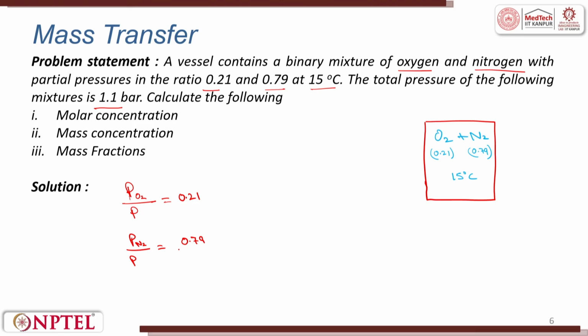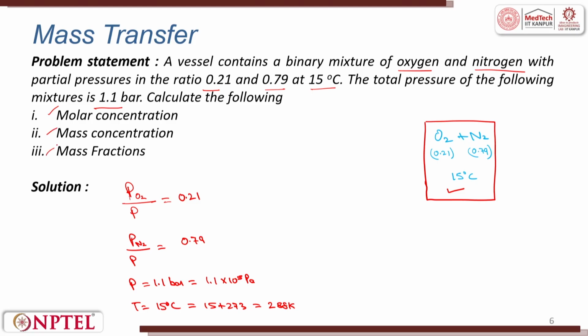The mixture obtained here has a total pressure of 1.1 bar, which is equal to 1.1 into 10 raised to power 5 pascals. Temperature is 15 degrees centigrade. To convert this into Kelvin, this becomes 15 plus 273, which is equal to 288 Kelvin. Now the question is molar concentration, mass concentration and mass fraction.